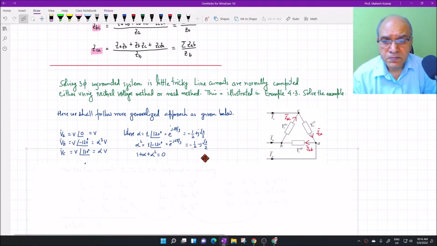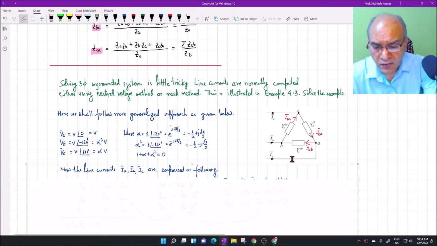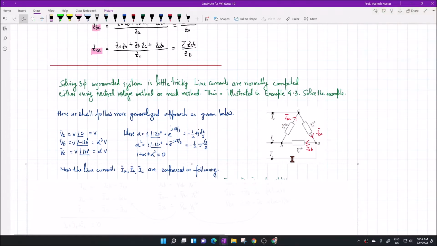For example, in this figure which you see on the right hand side, a three-phase three-wire system carries the load currents IA, IB, IC. This is IA, this is IB, this is IC, for the delta connected load as YLAB, YLBC and YLCA.